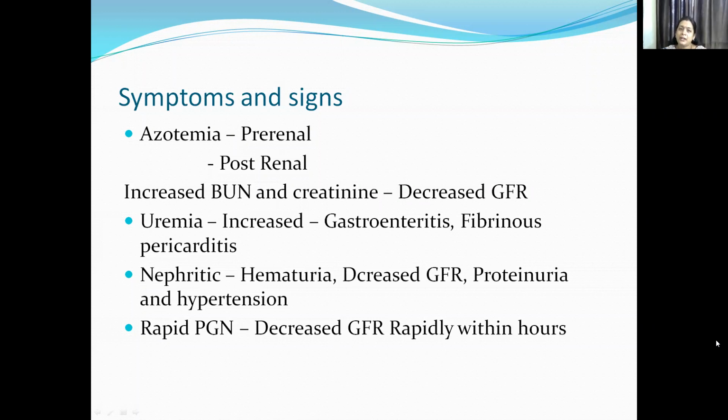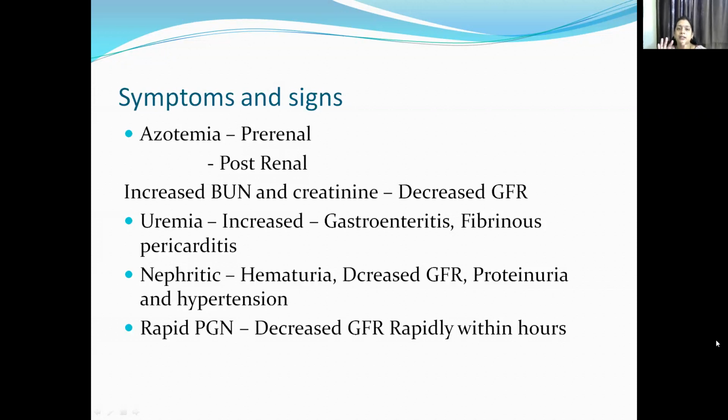Those are prerenal causes, okay. The renal causes are the nephritic syndrome. Nephritic syndrome, again, I told you, is less than 3.5 grams per 24 hours of protein eliminated. That is not in the range of nephrotic.